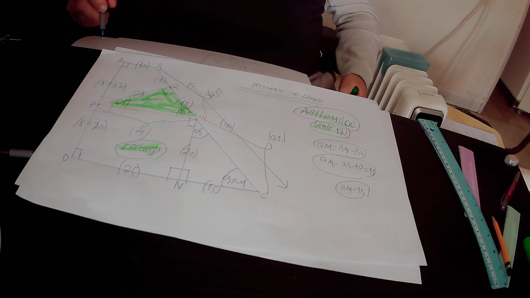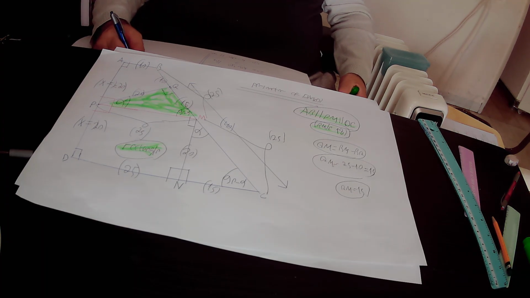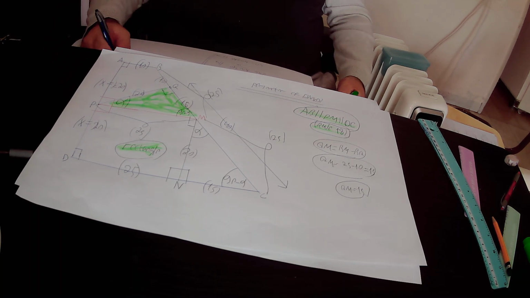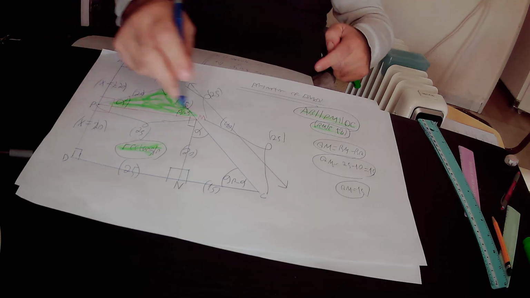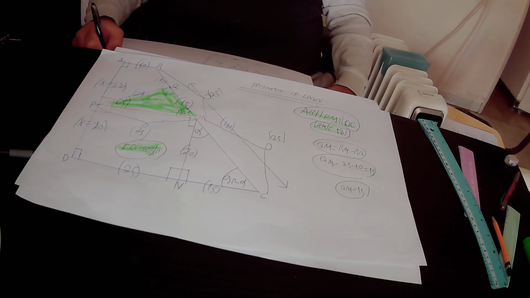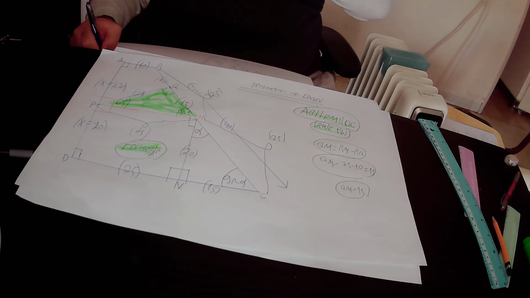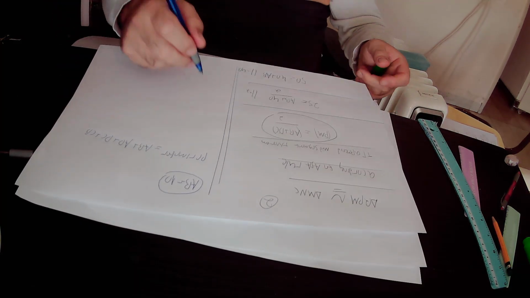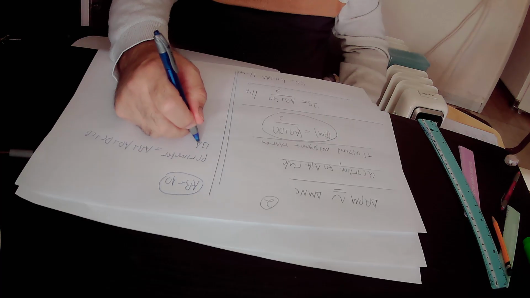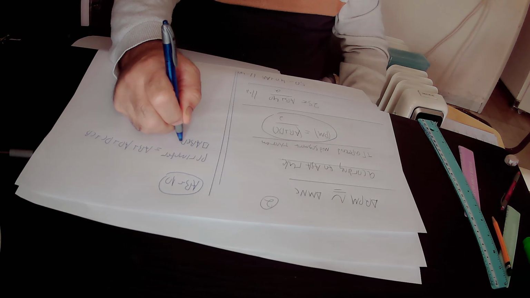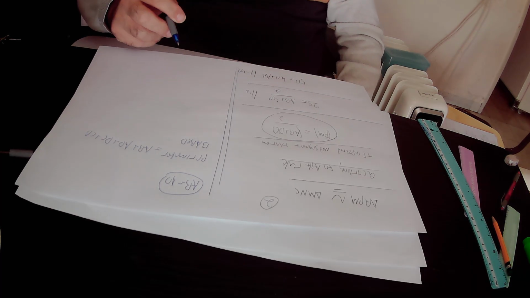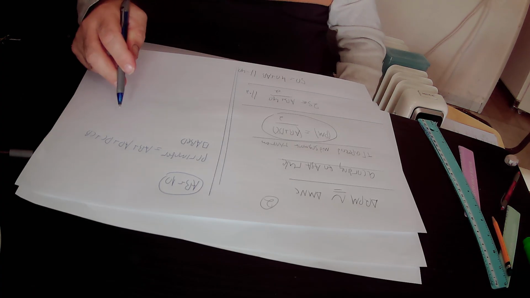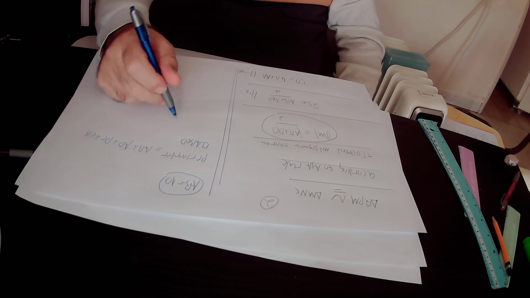That is to say, it is equal to AB plus AD plus DC plus CB. And again, the perimeter of quadrilateral ABCD is equal to the sum of its four side lengths. That is to say, it is AB plus AD plus DC plus CB.